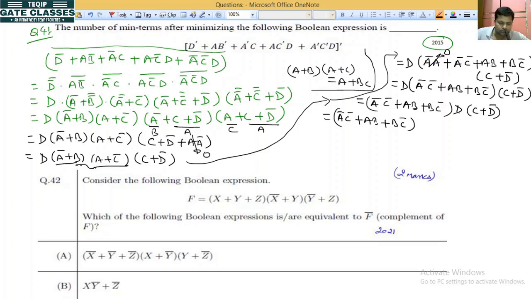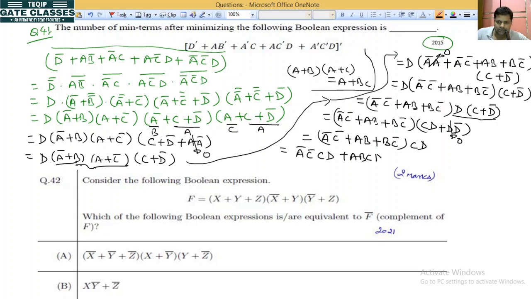If you multiply these two, it will be CD plus DD bar. So this DD bar is 0. Now we will get A bar C bar plus AB plus BC bar, and we have CD. Now A bar C bar CD plus AB CD plus BC bar CD.